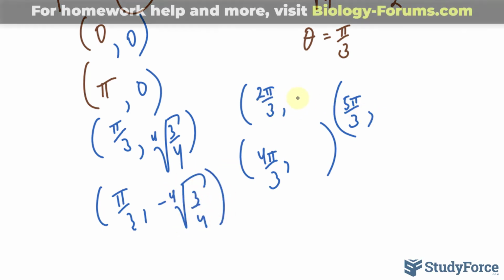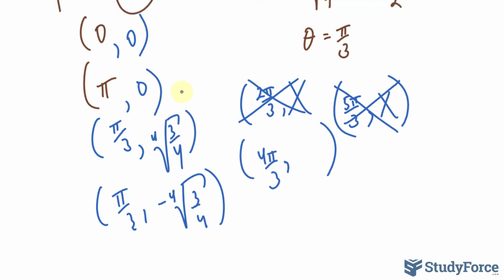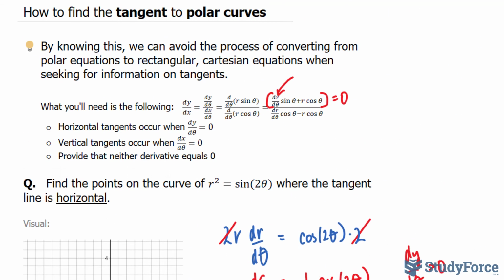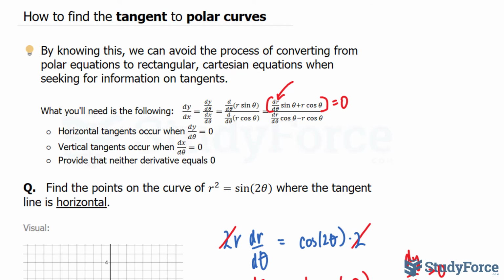Substituting these two will not give you an output. So we can ignore those. And substituting 4 pi over 3, you'll end up with two outputs, and they are the same as these. These points are when the tangent is horizontal to the x-axis, or the polar axis. And there you have it. That is how to find the tangent to polar curves.